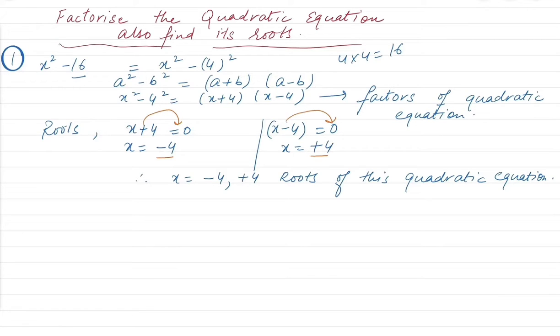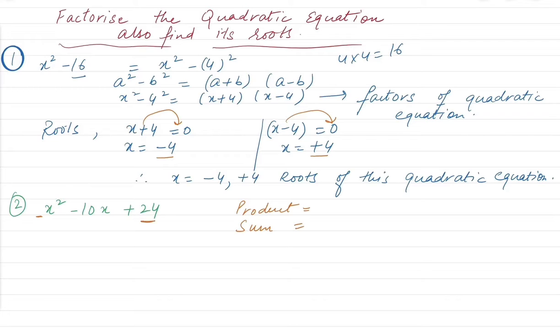Let's do another question. If we have the quadratic equation x square take away 10x plus 24, we need to find the factors. Here, this equation is of the form ax square plus bx plus c, and we need to find the product and the sum.